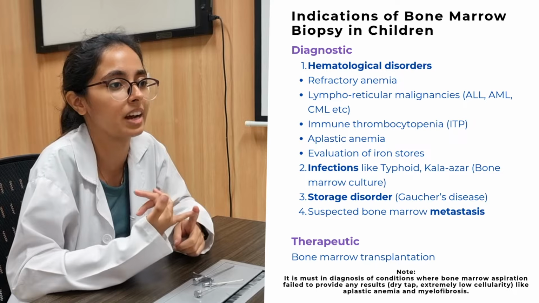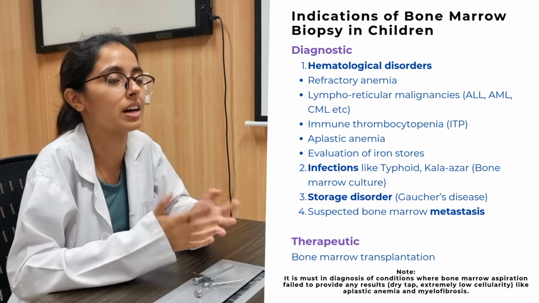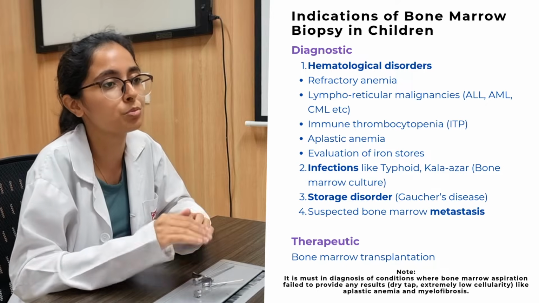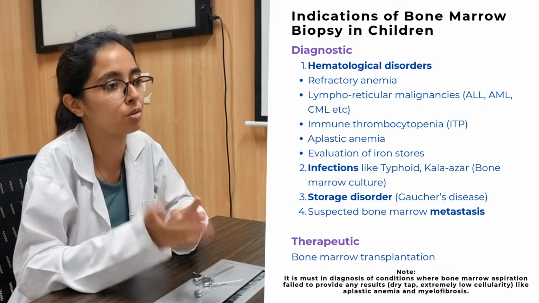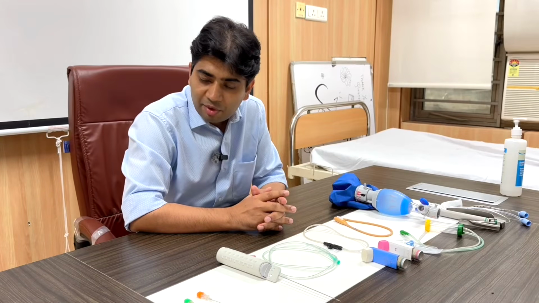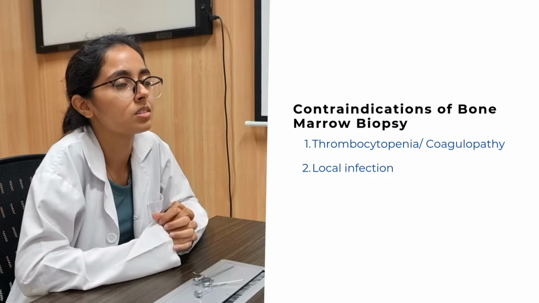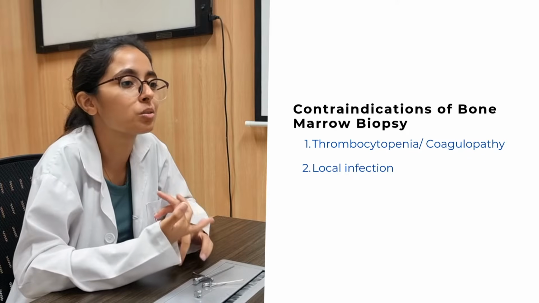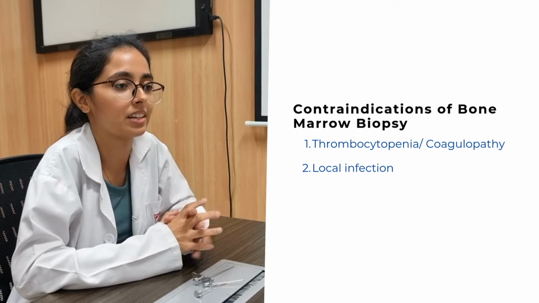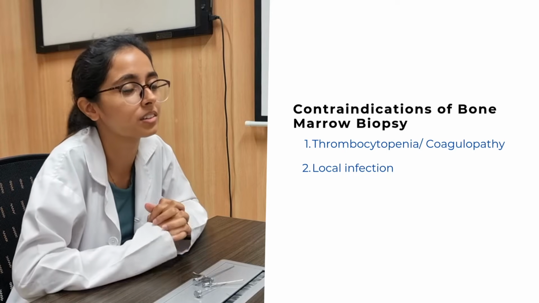For instance, we can have a dry tap or extremely low cellularity, like in cases of aplastic anemia and myelofibrosis. There we would prefer doing a biopsy instead of plain aspiration. Is there any contraindication for performing bone marrow biopsy? Sir, again, thrombocytopenia or any coagulopathy, basically increased bleeding tendency and local site infection.